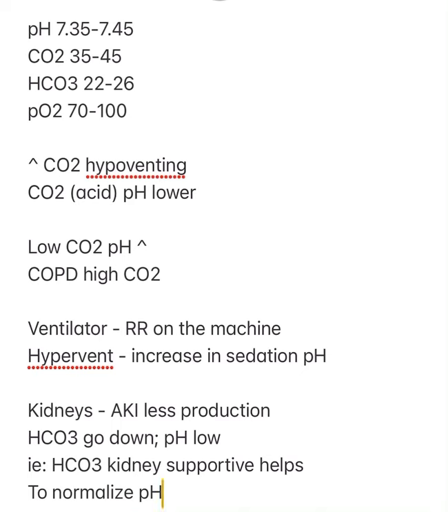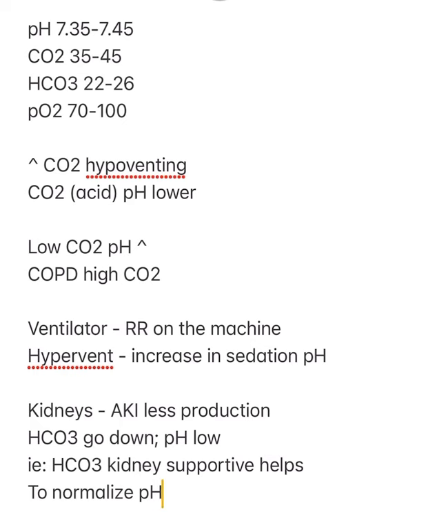So as you know, a healthy person, we want to be right in the middle. With the kidneys and the lungs regulating the pH, we can see with the values that are given if the kidneys and the lungs are fully or partially compensating.